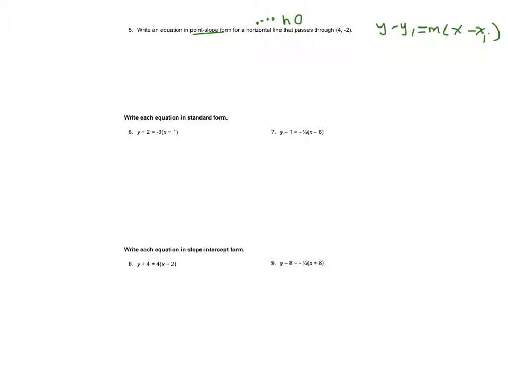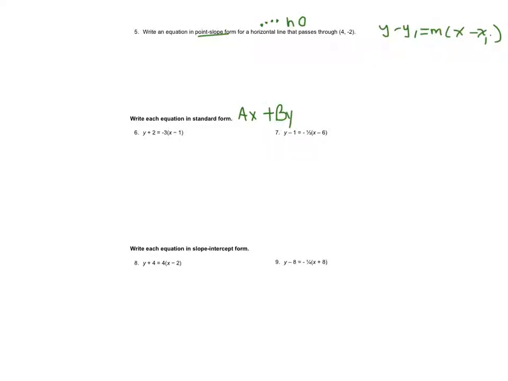The next guy, standard form. Make sure you recall standard form is ax plus by is equal to c, where a has to be a positive whole number and b must be an integer, so no fractions.